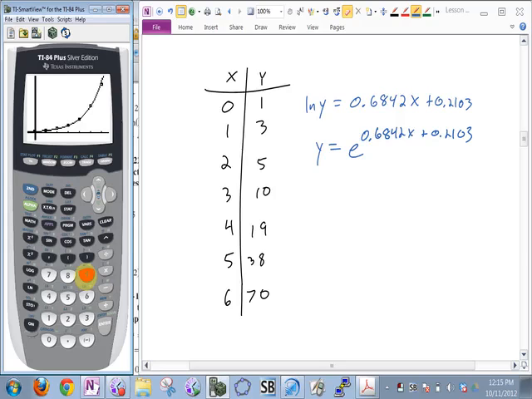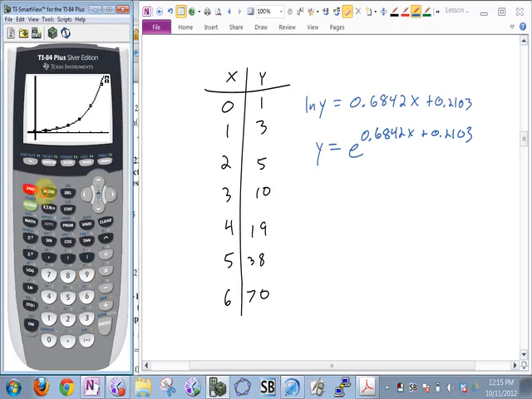So make sure you set your scatter plot back to L1 and L2, and then graph that in your y equals. Okay? So does that make sense? Whatever your correlation coefficient was for your linear regression, it's the same thing for this one.